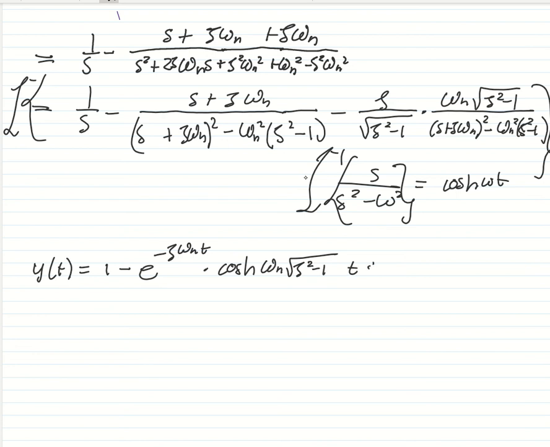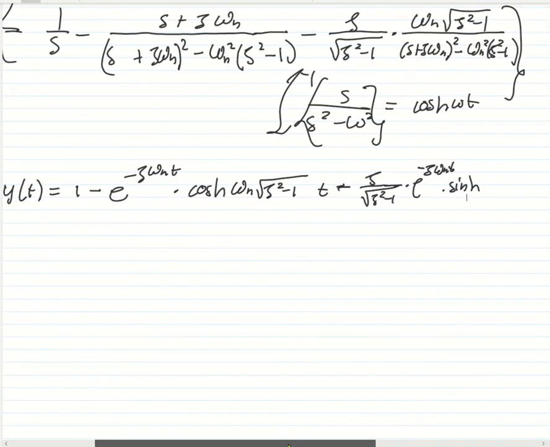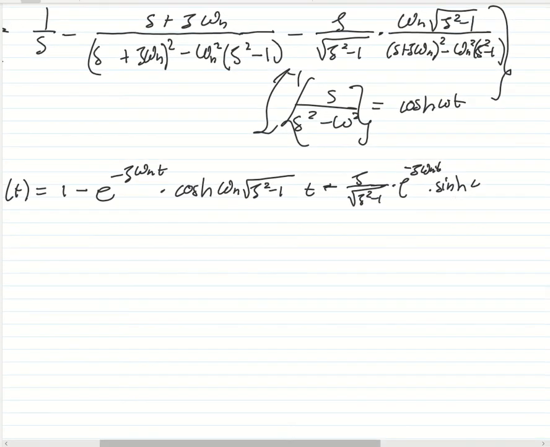Then for the last one, minus, we copy this, zeta all over the square root of zeta squared minus 1, multiplied with e raised to negative zeta omega n t times sine hyperbolic of omega n square root of zeta squared minus 1 times t.